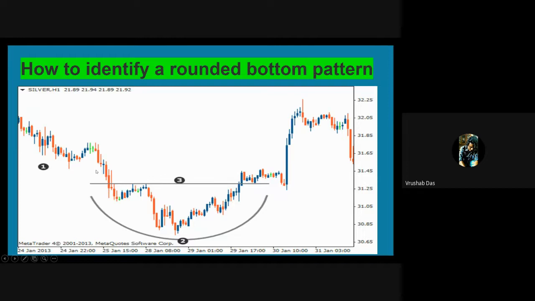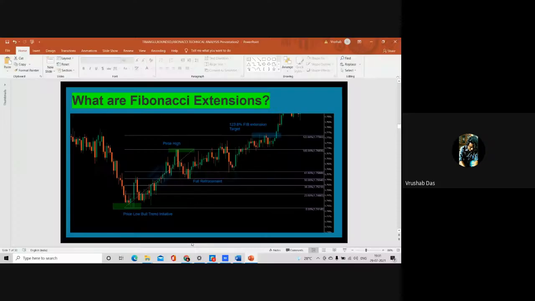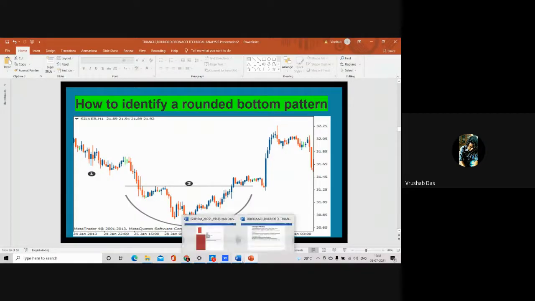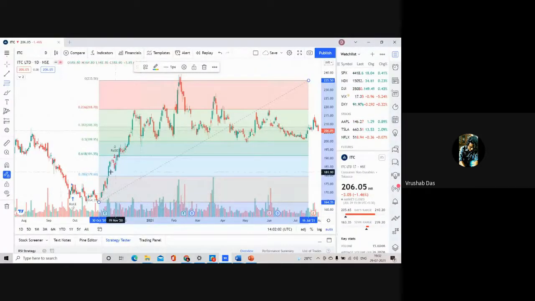After that, a rounded bottom is created, and there is a neckline. When we talk about the neckline, I will give you an example of ITC Limited. I have seen a rounded bottom pattern in ITC Limited. As you can see here, the stock was in a downtrend, and this was the neckline that was created.